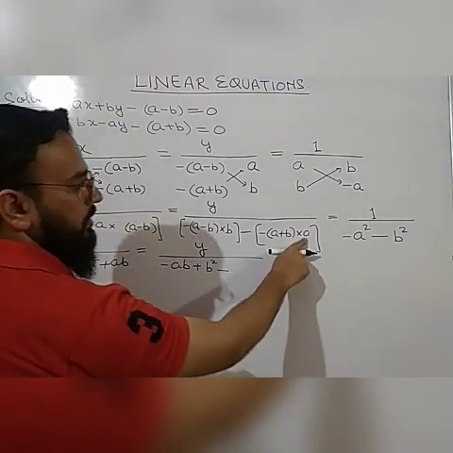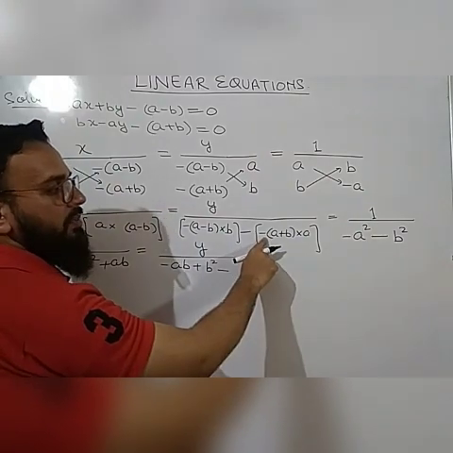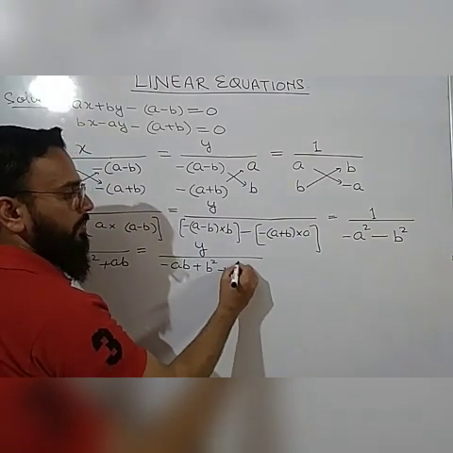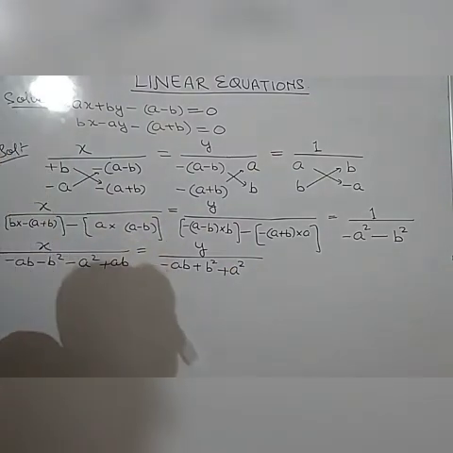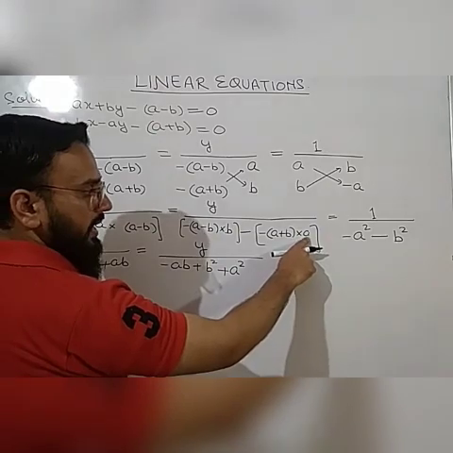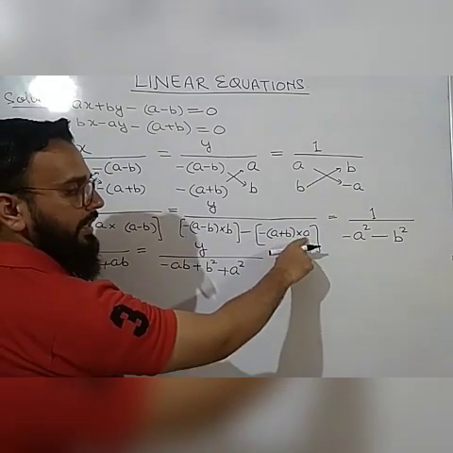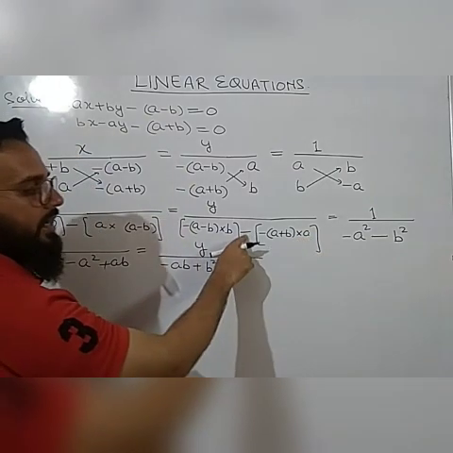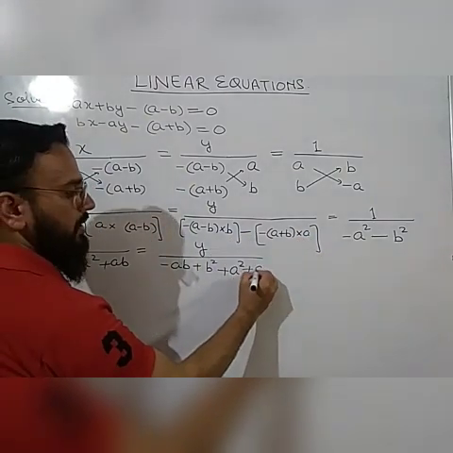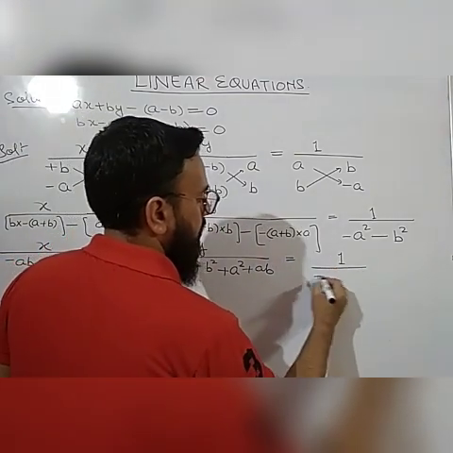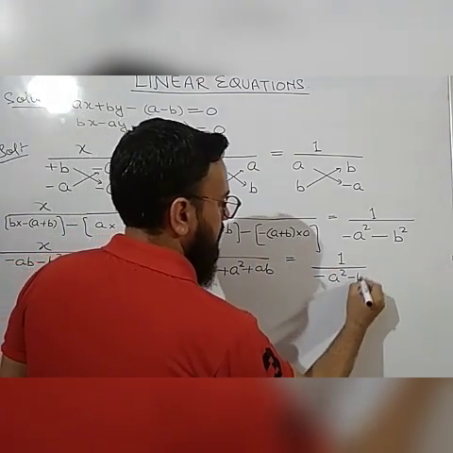Then again this a into minus a, it will be minus a square, but again this minus sign, so it will make plus a square. Okay, again this a into minus b, because this minus will enter, it will be minus b into a, this will be minus ab, and again this minus sign, so it will be plus ab, is equal to 1 upon minus a square minus b square.